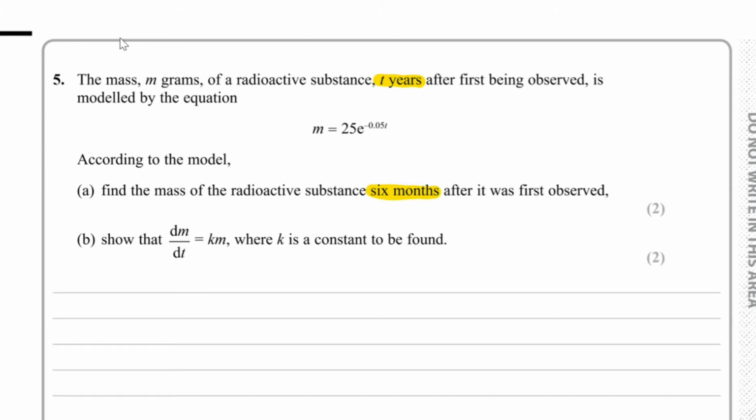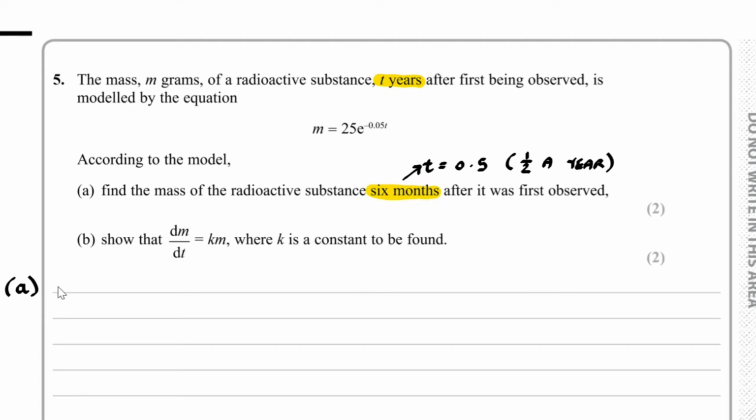So if we're considering 6 months after it was observed, this would imply t equals 0.5. In other words, we've got half a year, which is 6 months.